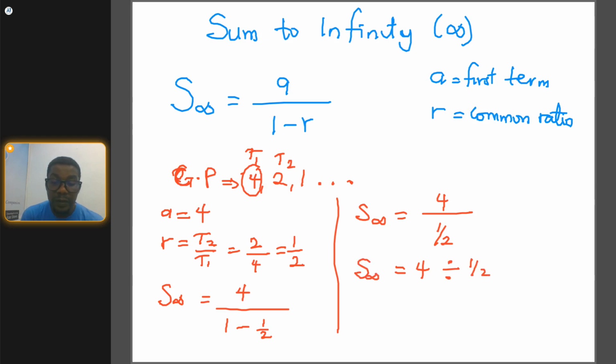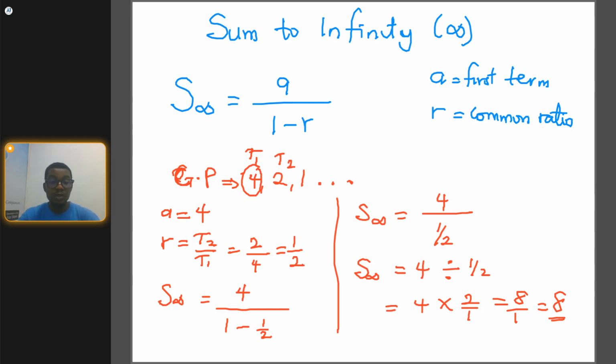Changing division to multiplication, we have 4 times 2 over 1, which is 8 over 1, and the answer is 8. The sum to infinity is 8.